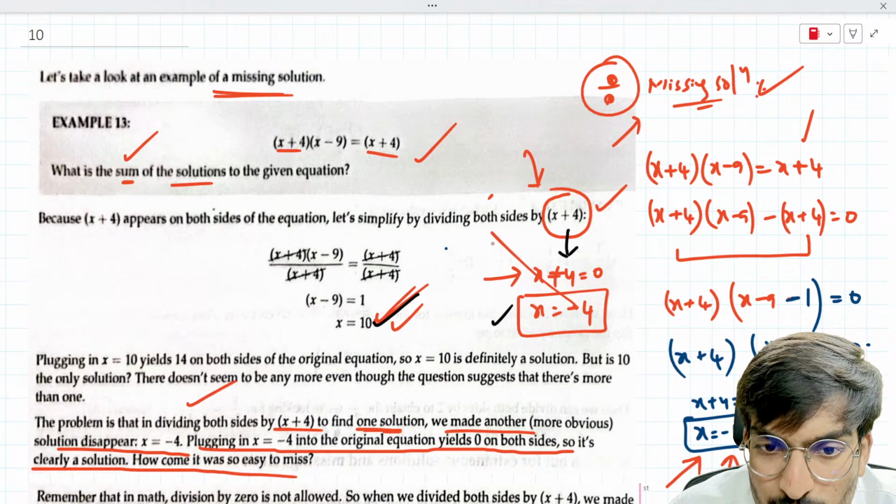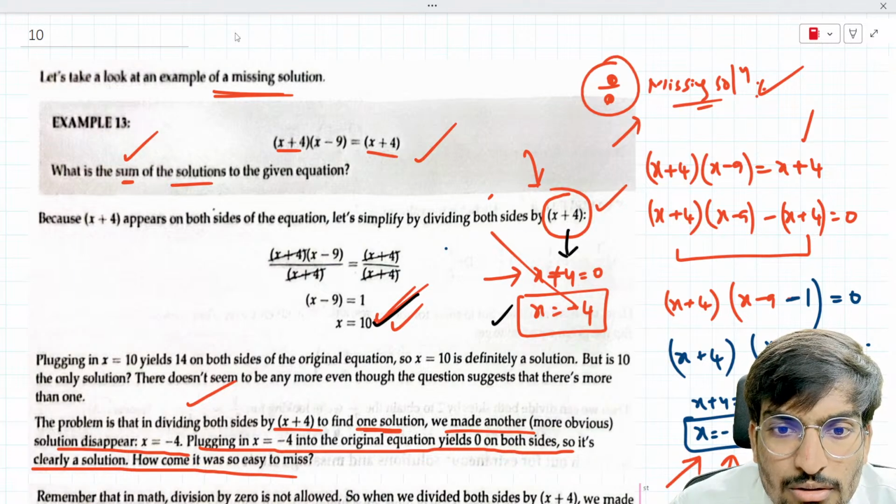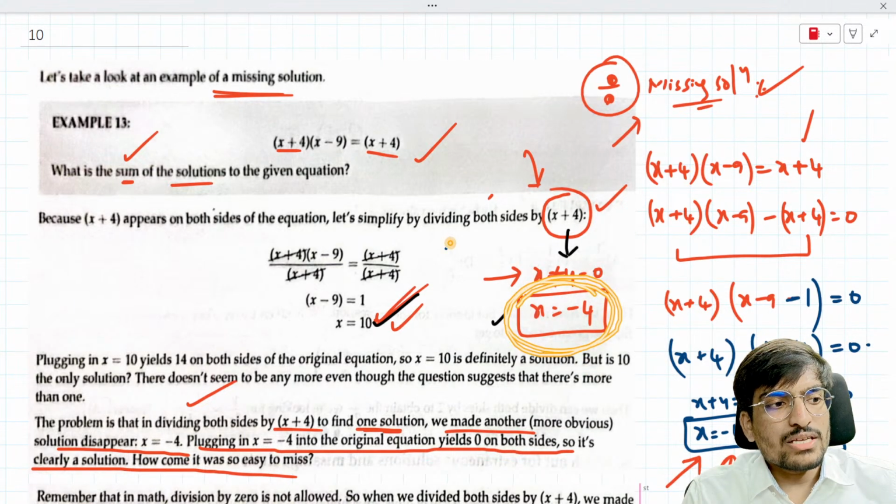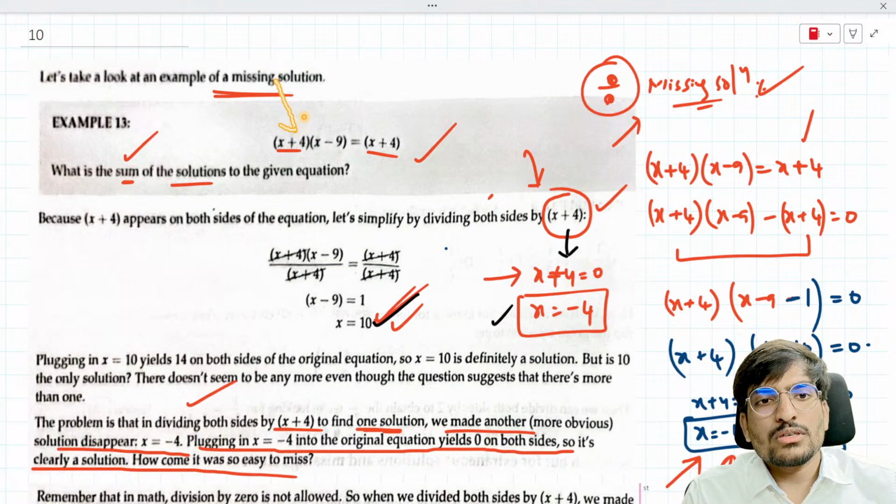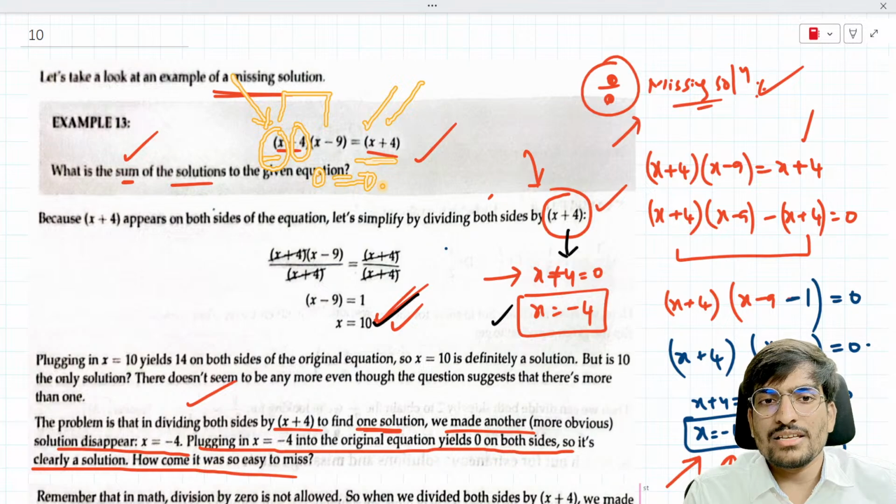We got x value as -4. If you put x equal to -4 here, -4 plus 4 is 0, 0 into anything is 0, so LHS equals RHS, which means this is also a solution.